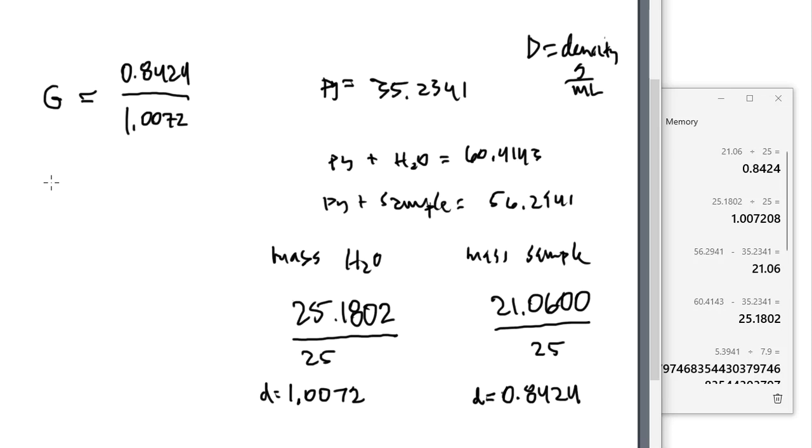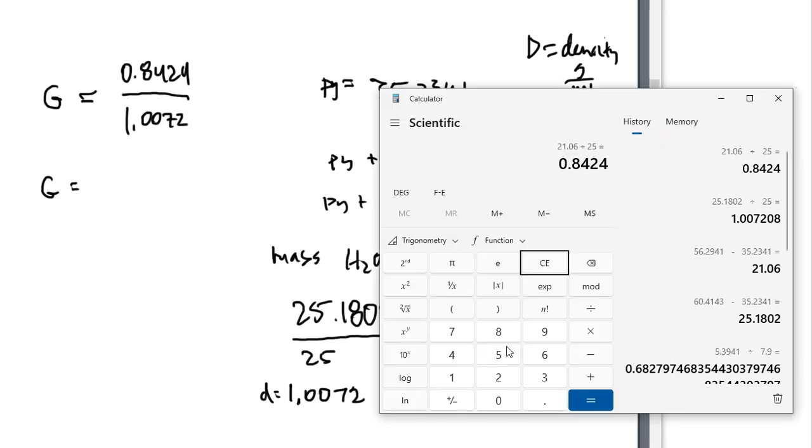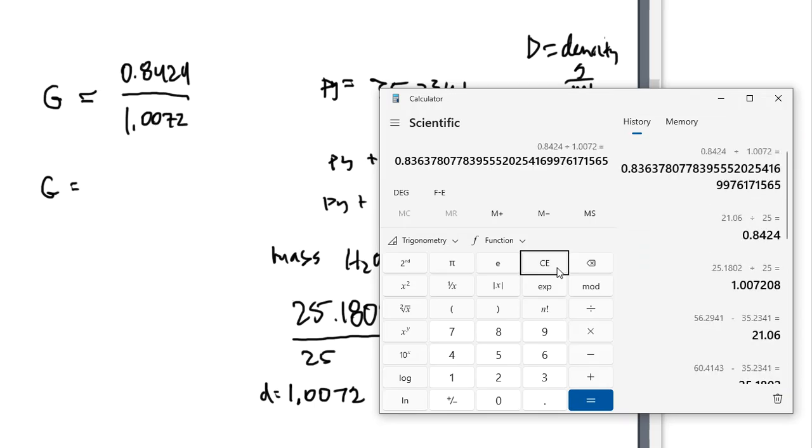All right, so when I calculate G, that's going to be my specific gravity value. Again, it's just a division problem at this moment. So 0.8424, and then I'm going to divide by 1.0072, and then I hit enter. And what I'm going to find out is that the specific gravity makes this number change a little bit, right?